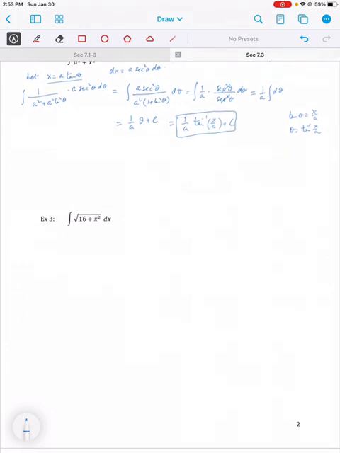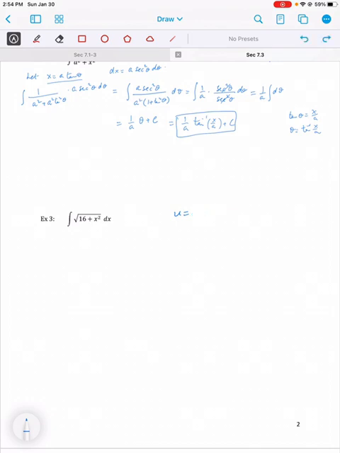Looking at another example here, we have the integral of square root of 16 plus x squared. So again, notice in this problem, you cannot use the u-substitution 16 plus x squared because we do not see the derivative of this interior being multiplied outside. So this substitution is not going to help us.